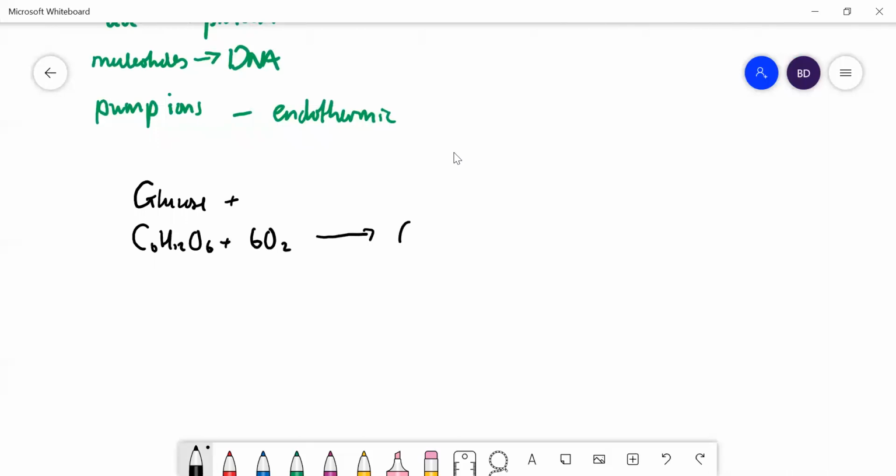Aerobic respiration, you get 6 CO2 and 6 H2O. Now, if you burn glucose in oxygen, it's very exothermic, and the enthalpy change, the energy out, is minus 2,800 kilojoules per mole of glucose. It's a lot of energy.